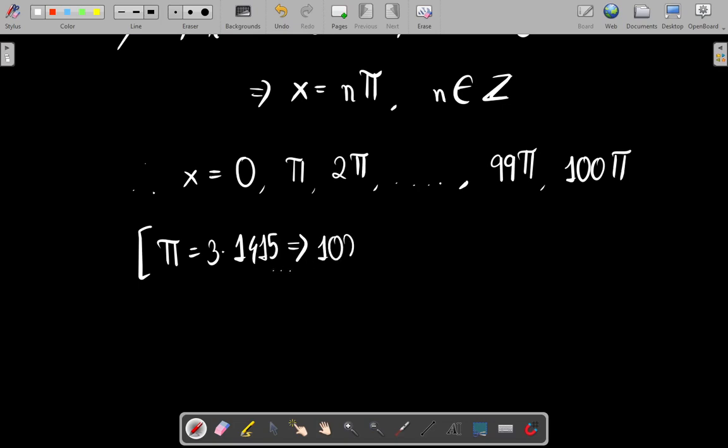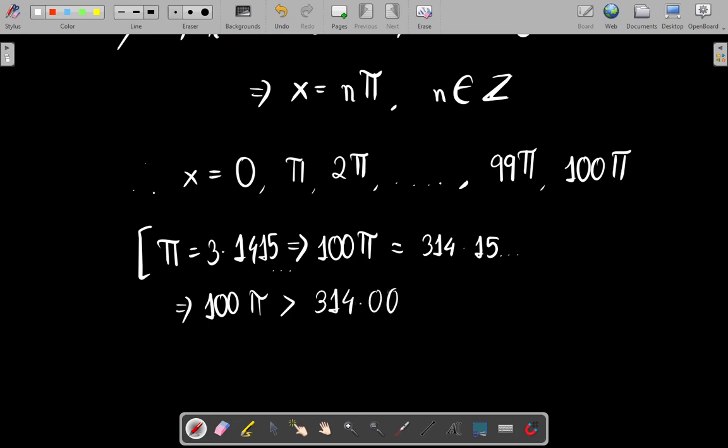So if I take the value of 100π, this will give me the approximate value of 314.15, something, and it goes on. So 100π is actually greater than 314, because in the decimal expansion there are other terms.